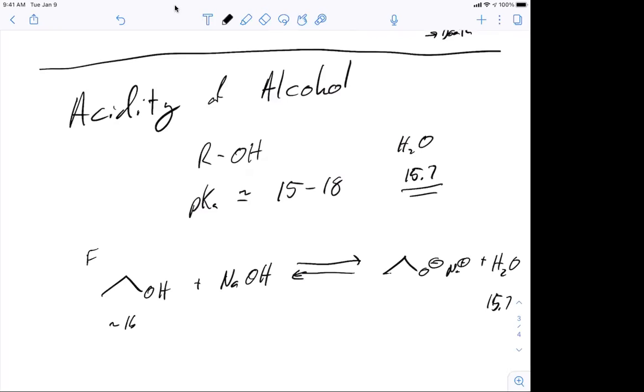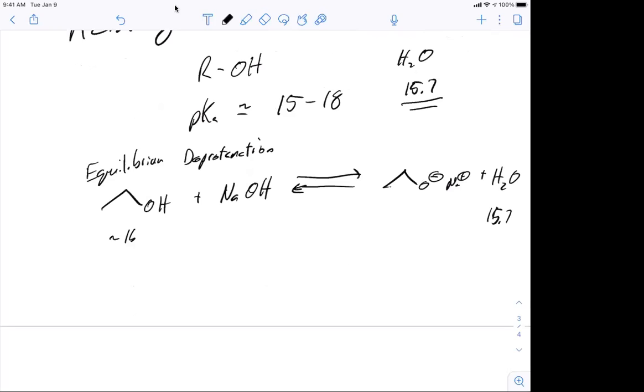So we have an equilibrium process, and this is going to be important not only in this chapter, but it's also going to be important when you get to carboxylic acid derivatives, which is very biological.